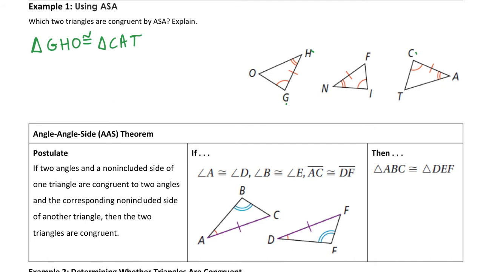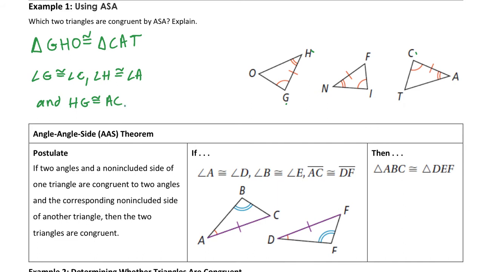The reason those triangles are congruent by ASA is because angle G is congruent to angle C. Okay? Angle H is congruent to angle A, and HG is congruent to AC.